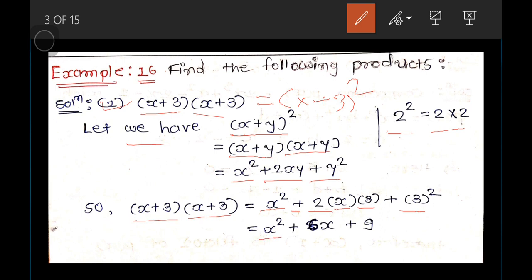So x square, 2 into x into 3 is 6x, and 3 square is 9. So using identities we can find such products.